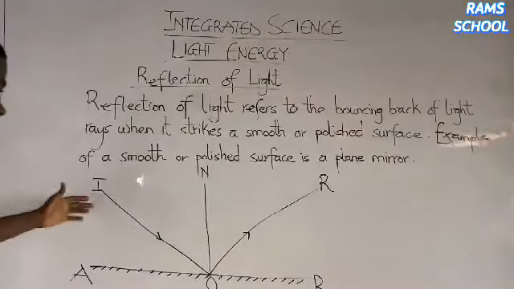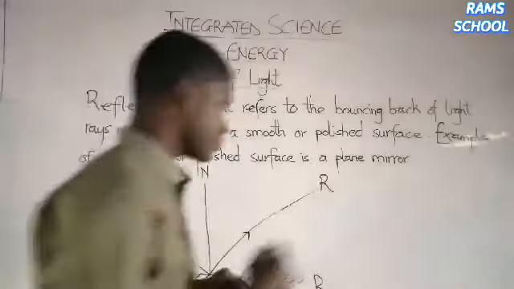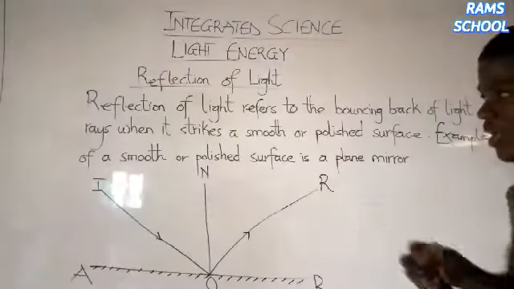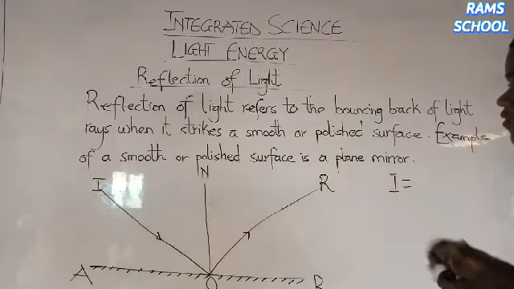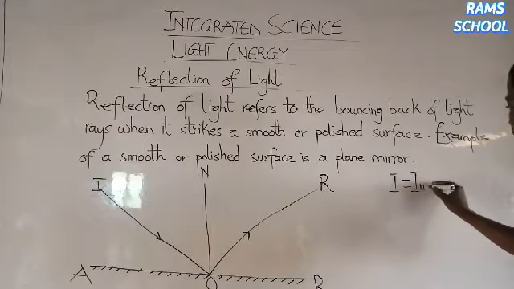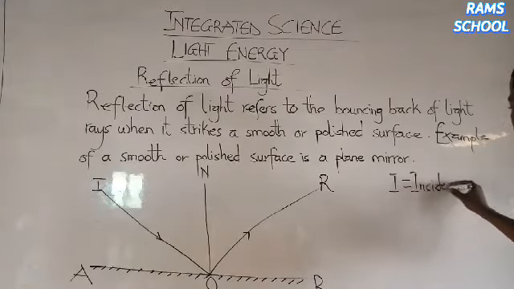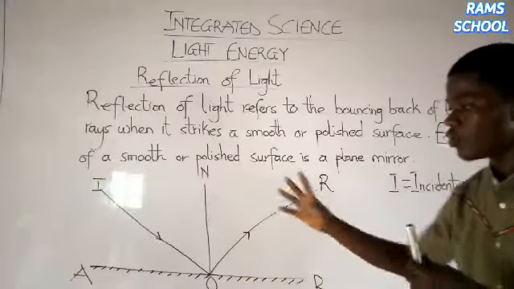Let's give a brief explanation about all these letters. The I refers to the incident ray. Let's come to the N. The N is the normal.